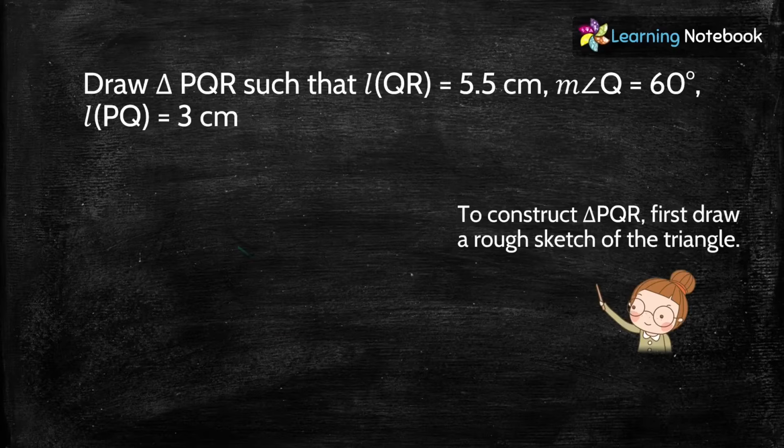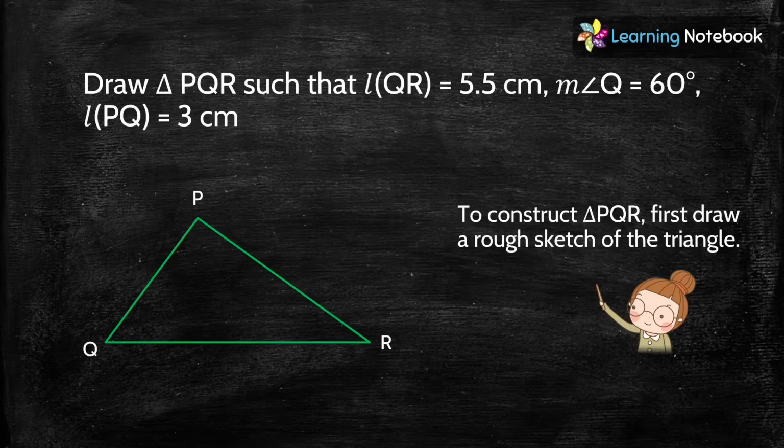So to visualize the construction of this triangle, let's first draw its rough sketch. So we will take QR as the base of this triangle, which is 5.5 centimeter. Angle Q is given as 60 degrees and PQ is given as 3 centimeter. So this is the rough sketch.